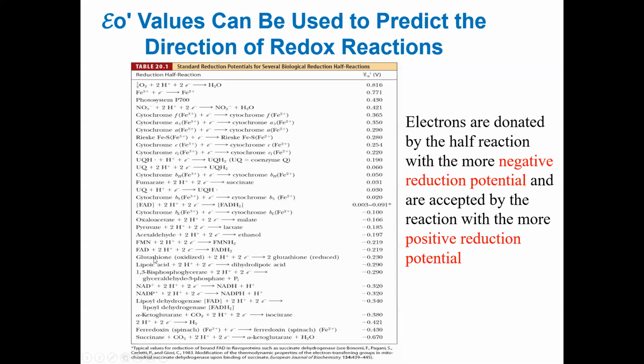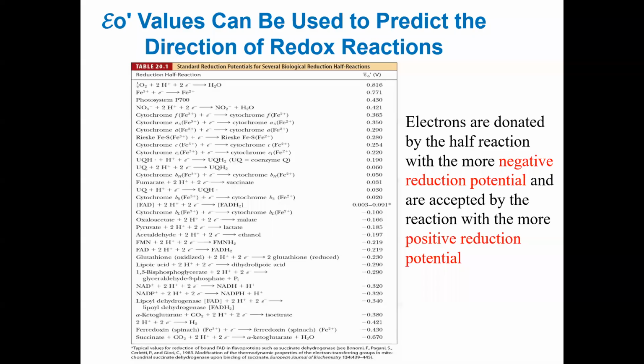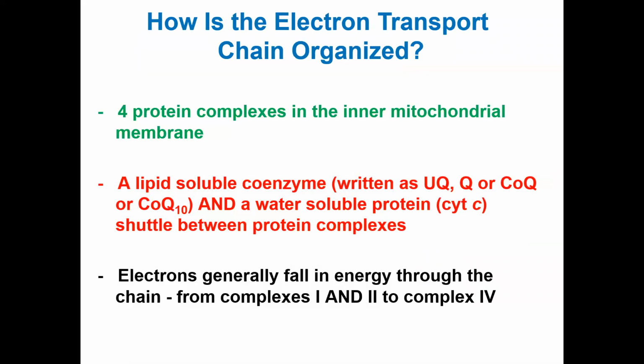And those guys in their reduced form should be able to transfer those electrons to molecular oxygen without violating any rule of thermodynamics, right? Because that's thermodynamically favorable. I just told you delta G is equal to minus nF delta E. So that's something that you should know. Very, very important conceptually. Anyway.